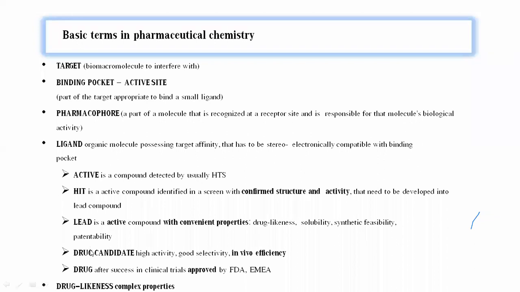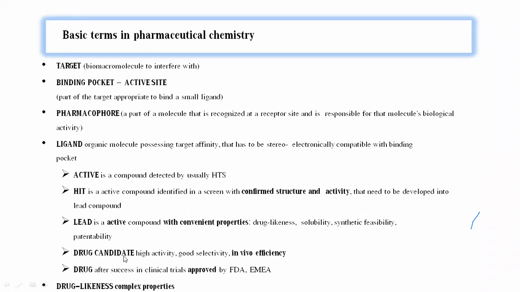From the lead, we are going to discover a drug that has high activity, good selectivity, as well as in vivo efficiency. In the case of a hit molecule, we generated the data on the screen of the computer. But in the case of a drug molecule, we have to show the in vivo efficiency, meaning efficiency in the body.